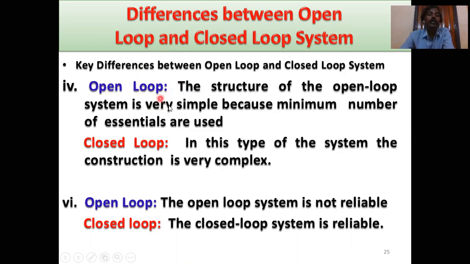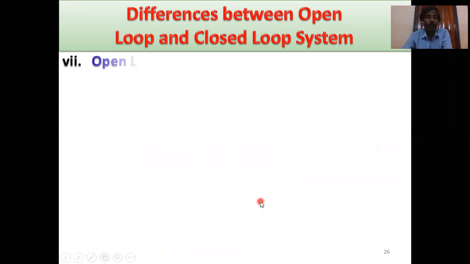Another difference: the structure of the open loop system is very simple because a minimum number of components are used. For closed loop, the construction is very complex. Next point: the open loop system is not reliable, and the closed loop system is reliable.